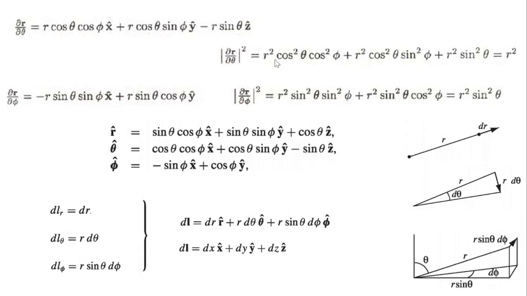Search for common terms. r² cos²θ is common for the first two terms. So take it outside. So you get r² cos²θ into cos²φ plus sin²φ. The term inside the bracket is 1. So you have r² cos²θ plus r² sin²θ. So r² is common. Take it outside. You get r² into cos²θ plus sin²θ, which is r².